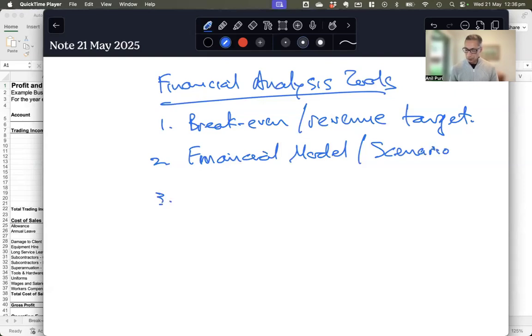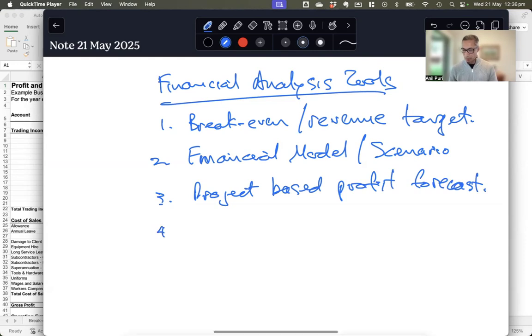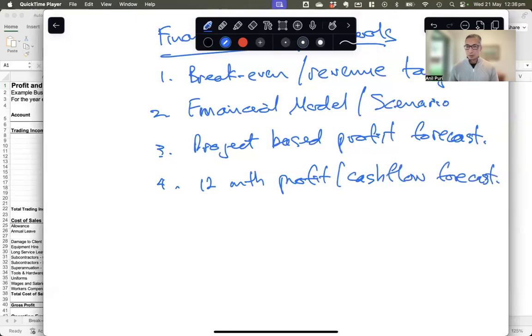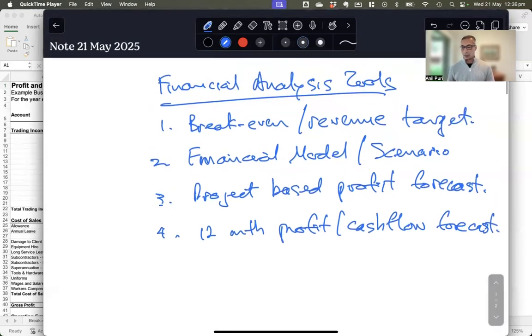The third is a sort of project-based profit forecasting tool, and that's probably more of a 3-month tool. And then the last one's more a 12-month profit/cash flow forecast. So they're the 4 things that I want to cover today.